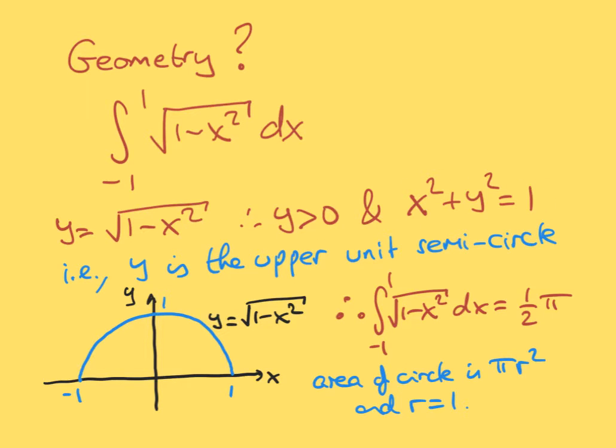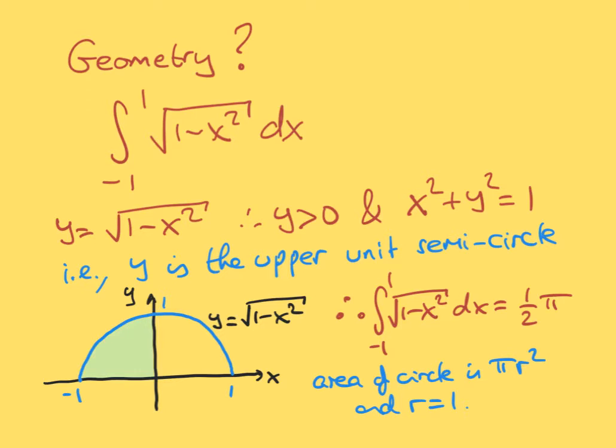But since y is positive, this integrand corresponds to the upper unit semicircle. So it corresponds to this from x is minus 1 to x is 1. Those are our limits. So our integral is going to be the area between the curve and the x-axis.